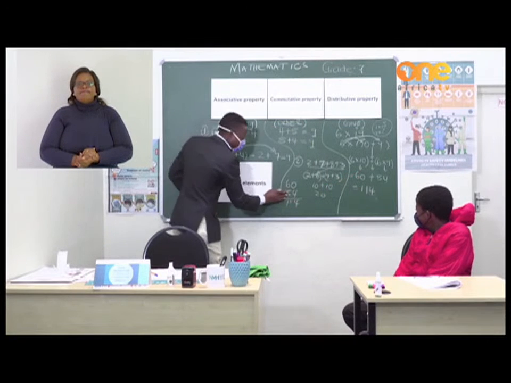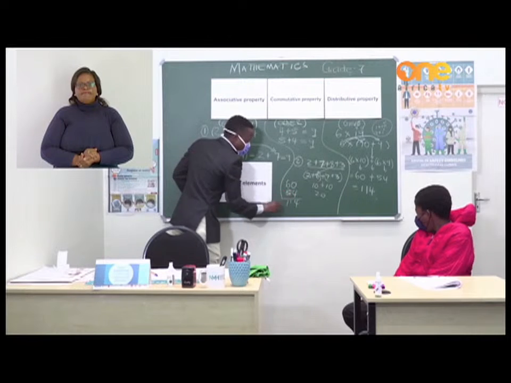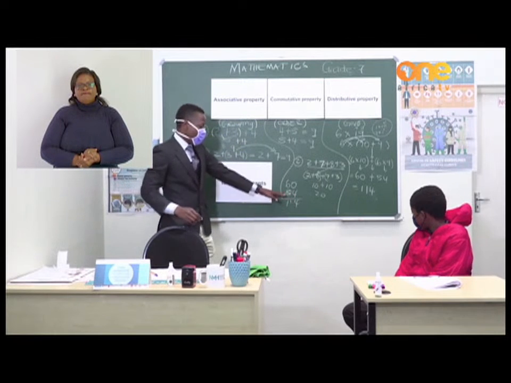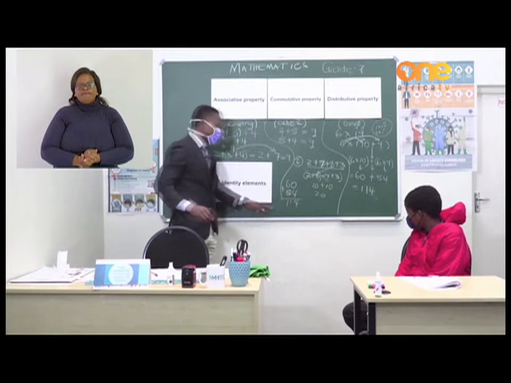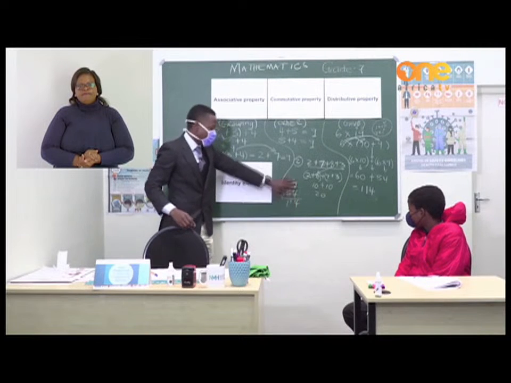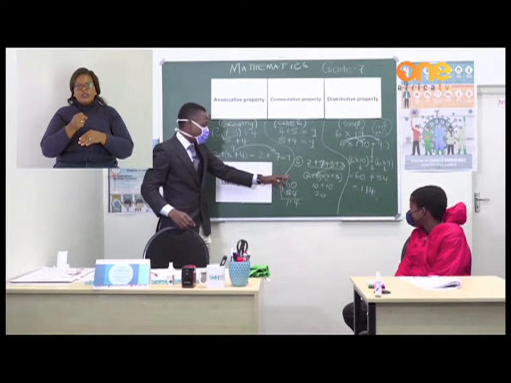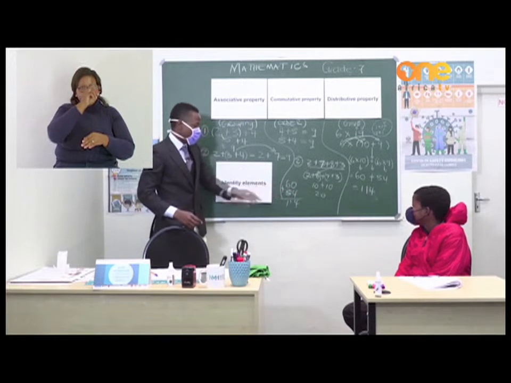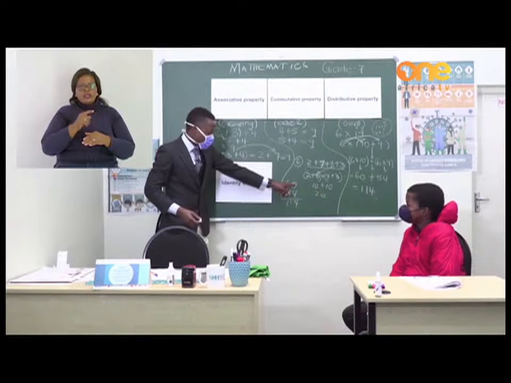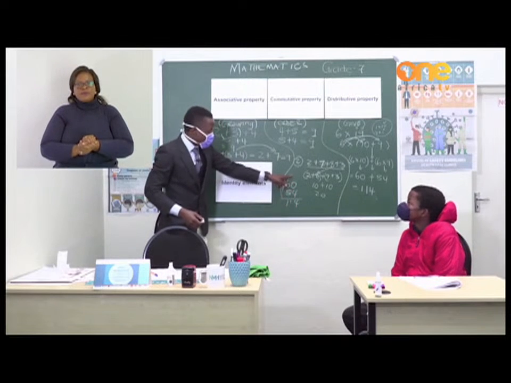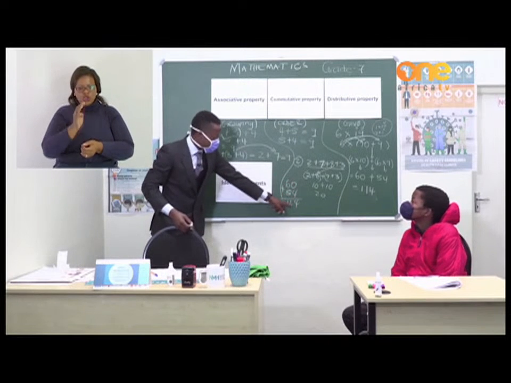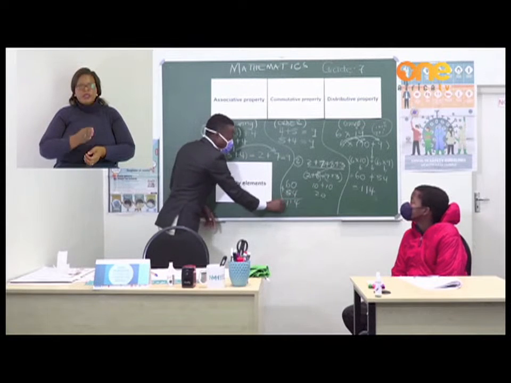What I have done here is to do the standard algorithm, which is the key part we do in grade 7. When we add our numbers, we must add them in a vertical way, a unit straight with a unit, a tens straight with a tens. So that's why I did it that way. If you add these two you get 4, if you add these you get 11, so the answer will be 114.